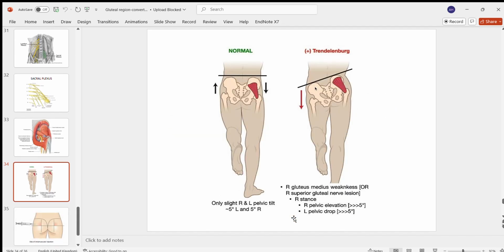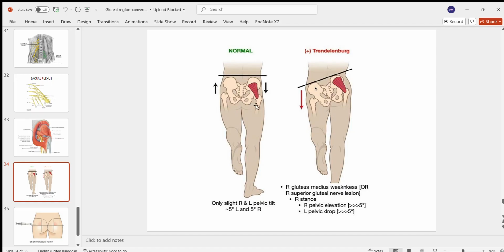Now, what is Trendelenburg sign? The gluteus medius and minimus muscles are supplied by the superior gluteal nerve. These two muscles of, let's say, right side are supporting the left side. If the gluteus medius and minimus of the right side are intact, during walking it supports the opposite limb.